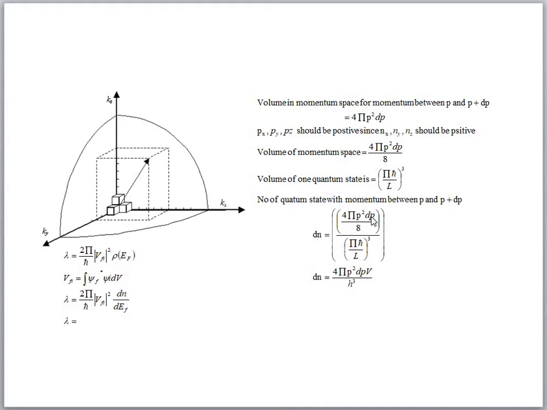You will get 4 pi p squared dp divided by 8 into pi h cut by L, the whole cubed. Here h cut is h by 2 pi, so the pi gets cancelled, and 2 cubed, that is 8, will come here, so the 8s cancel. So the number of states having momentum between p and p plus dp is given by 4 pi p squared dp V divided by h cubed. This is the density of states for electrons.